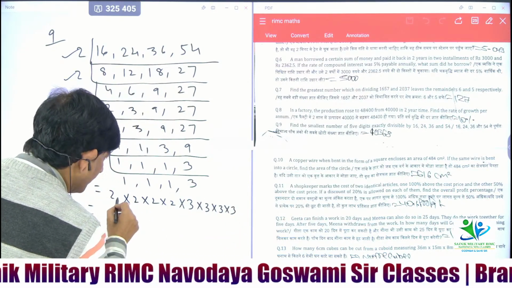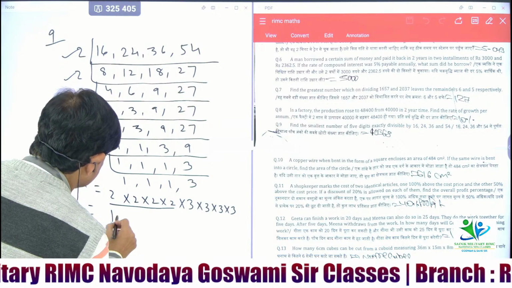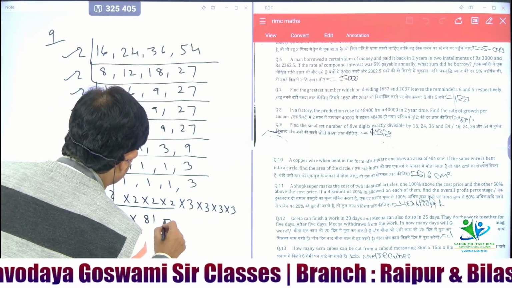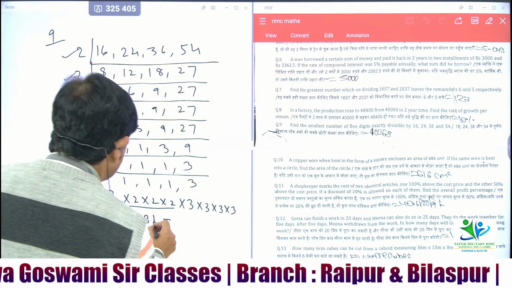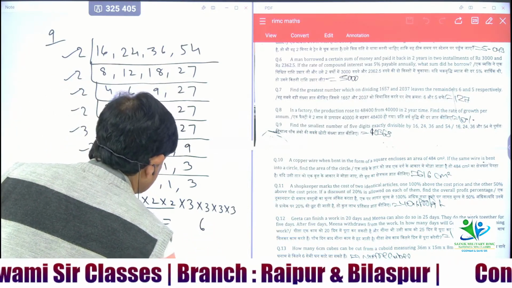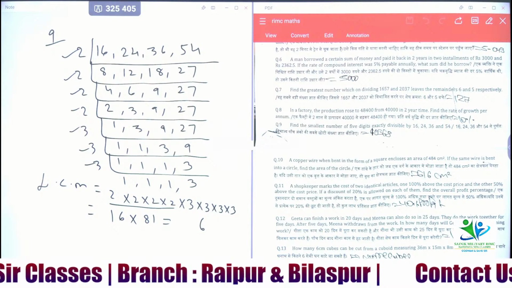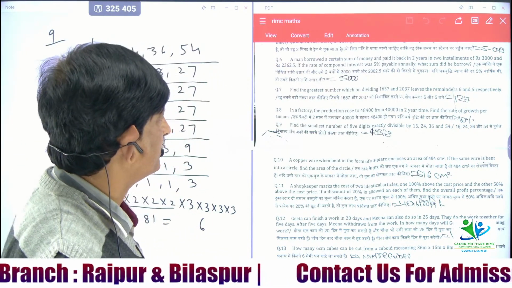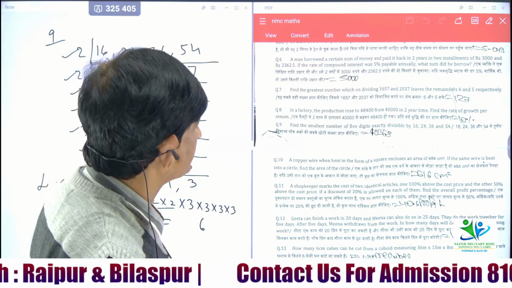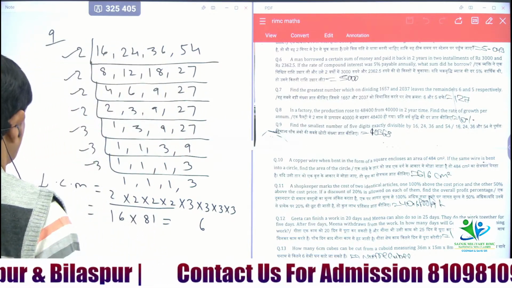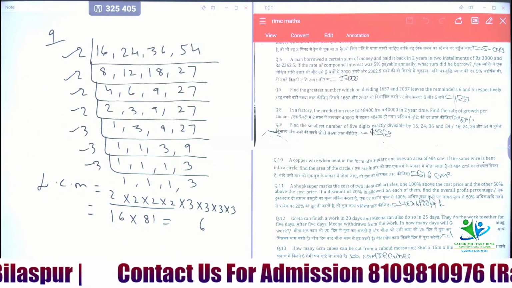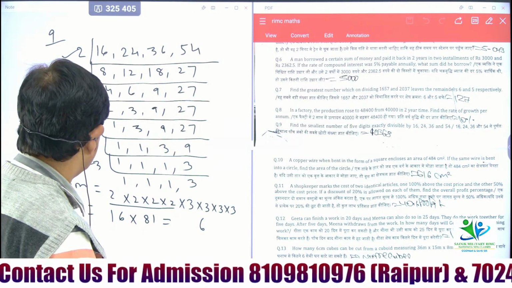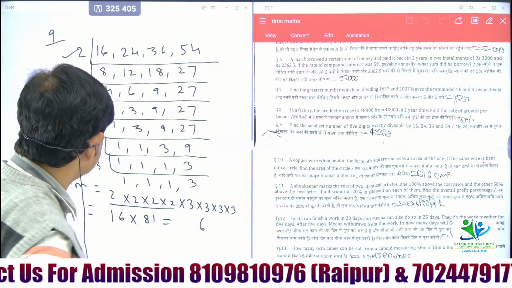If you multiply 2 four times, you get 16. 3 four times, you get 81.